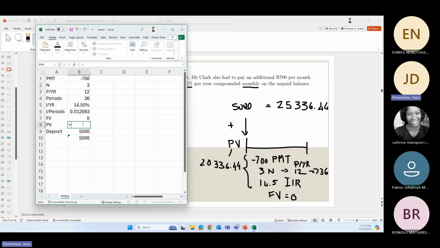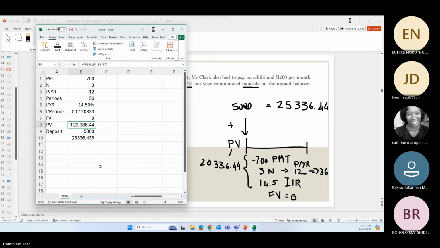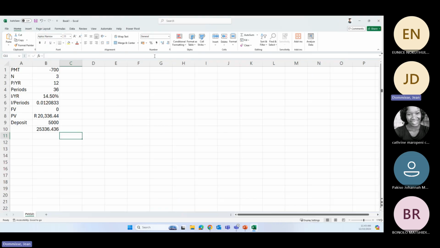So let's work out our present value. Let's just make sure we put everything in: the rate, the periods, the PMT, the future value was 0. And there we got the same answer.